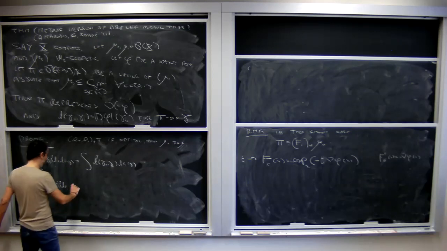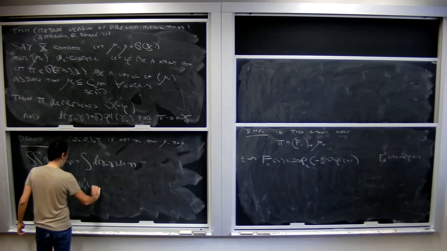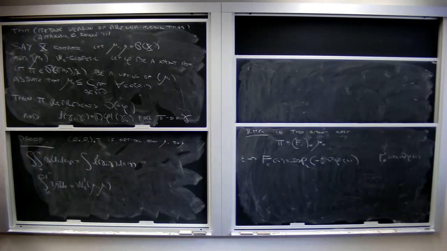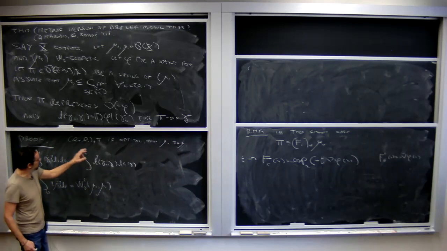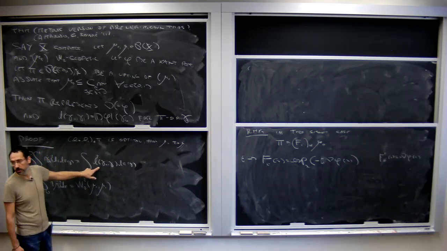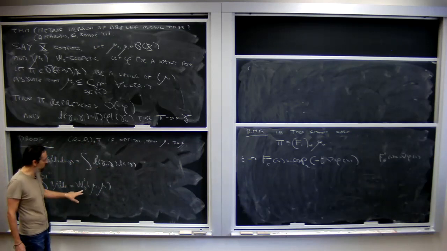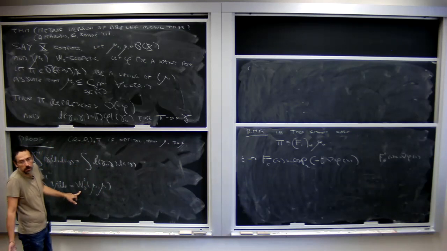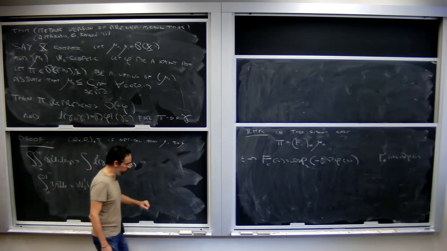So this is equal to W2 squared of mu 0, mu 1. So the cost of this plan, which is this quantity, is less or equal than the square distance, and therefore it's equal. It cannot be strictly smaller. So this claim is proved.